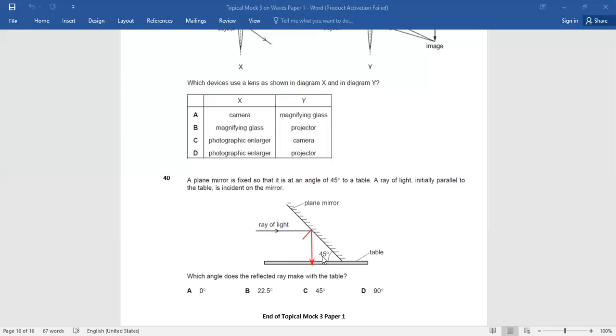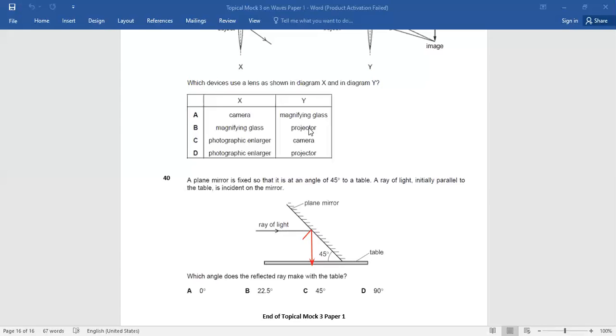I gave it with the plane mirror mistakenly. Oh, so it's a tricky question, right? You are reading, but you are not seeing. It's making you puzzled, right? Okay, so now I understand.